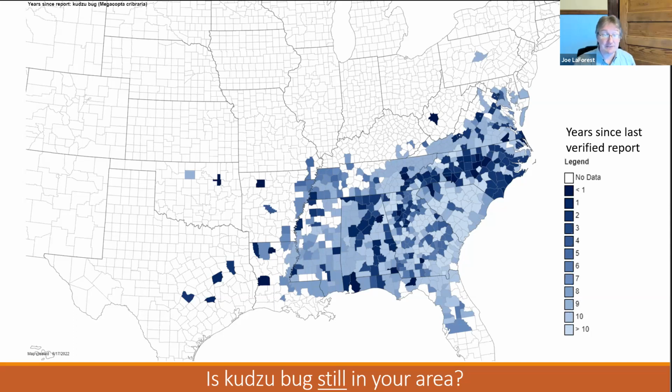It does lead to some things where, yes, we have maps that people occasionally look at, but how much do you want to believe the story of what that data is telling you? If I were to apply this to kudzu as opposed to kudzu bug, kudzu doesn't have near the regularity of data, has a much wider date range. And looking at this, you'd have a hard time with a straight face saying that's a map you would believe.